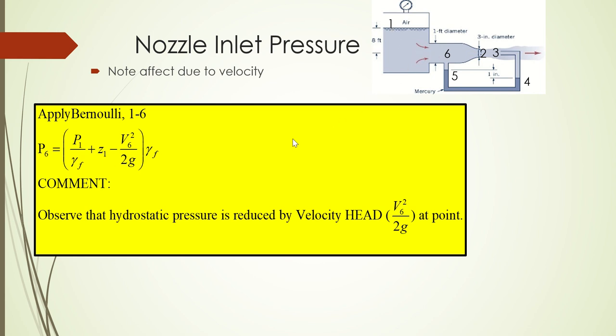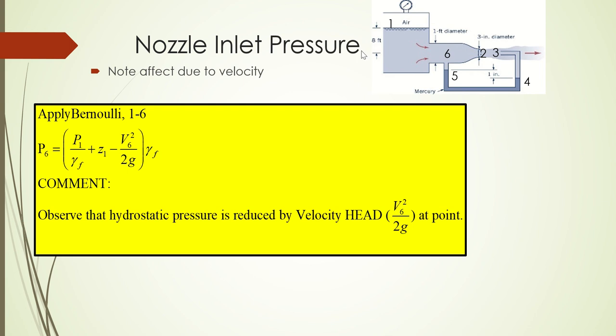So it would be incorrect, if I ask for the pressure at 6, just to say that the pressure at 6 is equal to the pressure at 1 over gamma plus Z. If I simply apply the hydrostatic pressure equation, that gives me that the pressure 6 is equal to the pressure 1 plus the increase in pressure due to elevation.